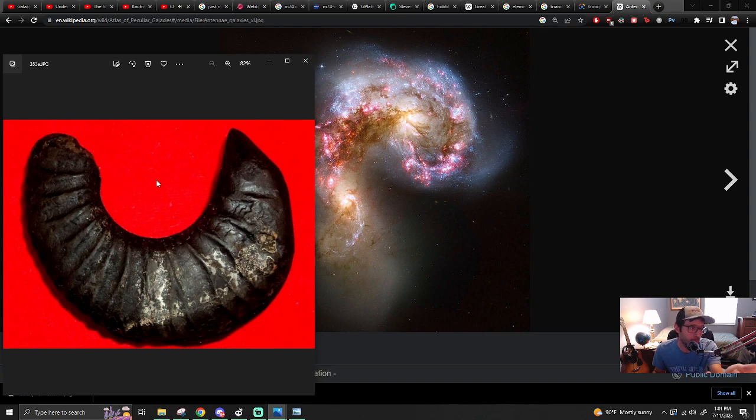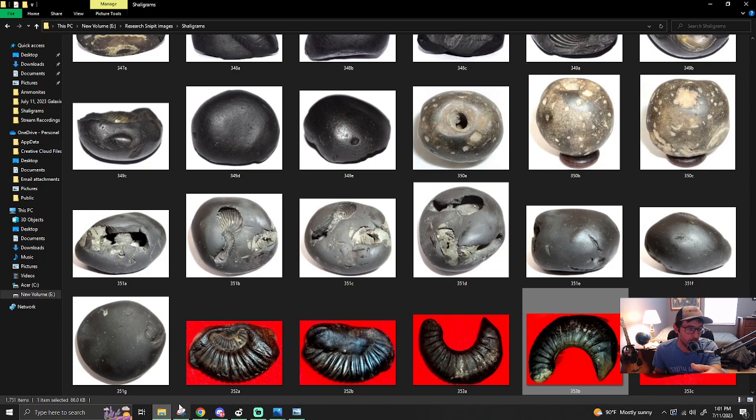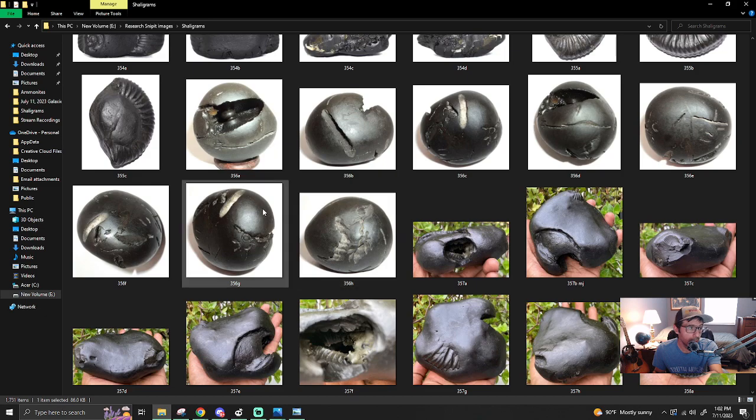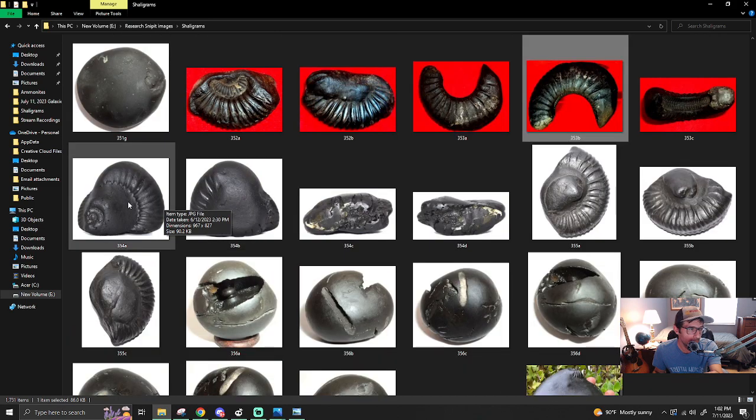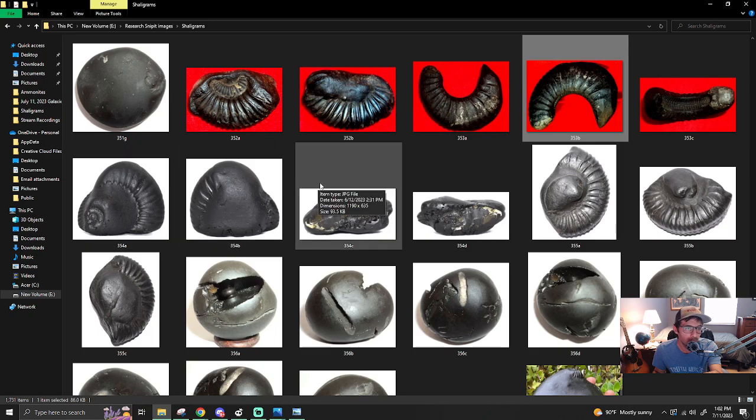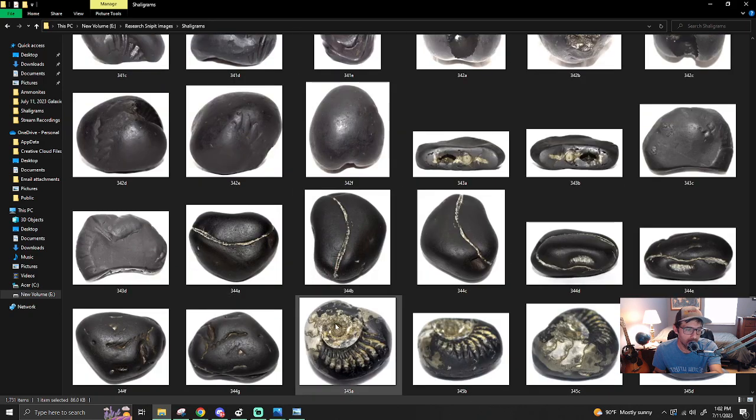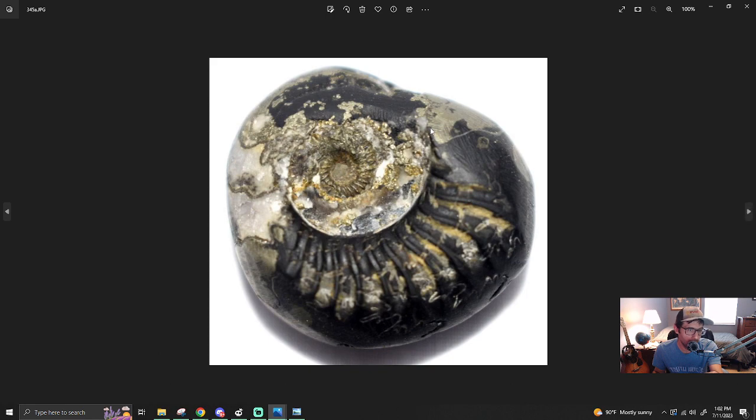In my mind, the nucleus is kind of the middle of the spiral, and as it spirals out, like this one. This isn't necessarily separated from this, but it looks like maybe it is separated enough. Although this also has chambers over here that are starting to show, so the structure must have continued over here.